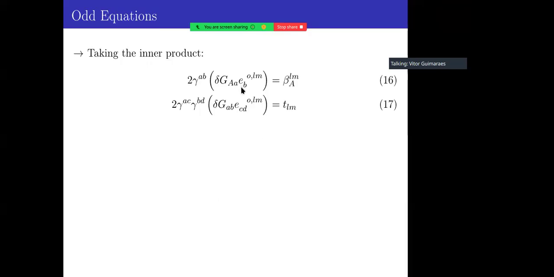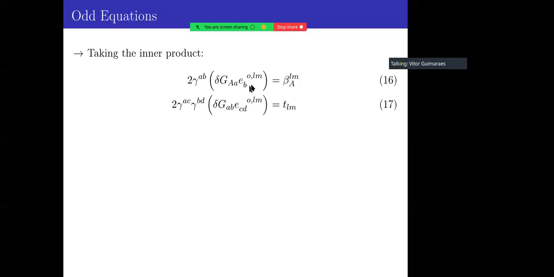This is exactly what we did. To take the inner product is the same as to multiply them both and contract with the metric, right? Remember, we are doing this with the metric of the two sphere because the indices that we are contracting are small caps, so they are only vector indices with respect to the two sphere.